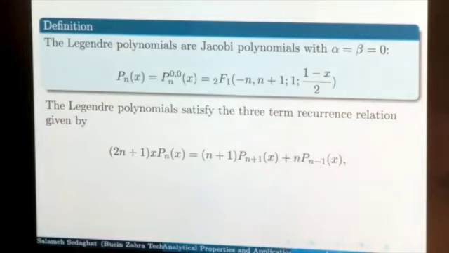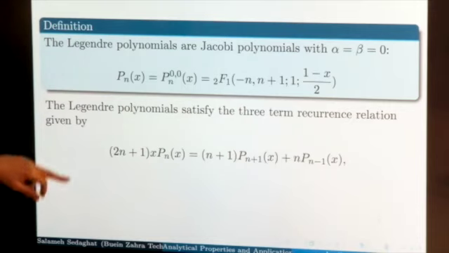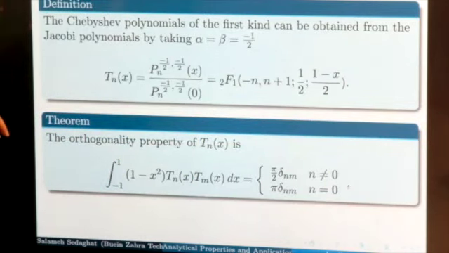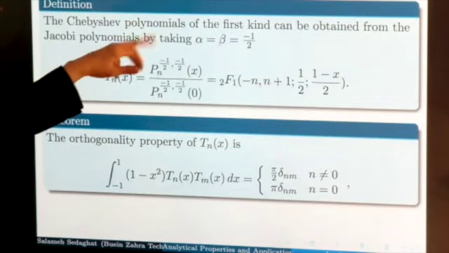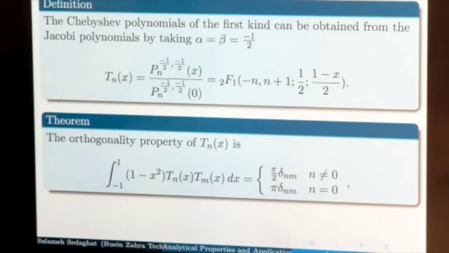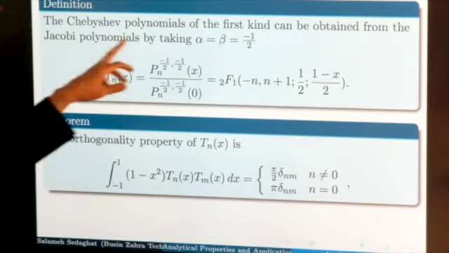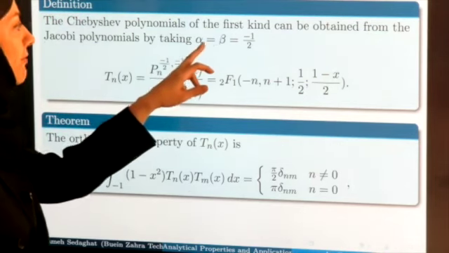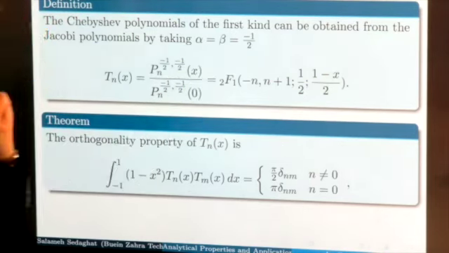Okay, here I want to show two special Jacobi polynomials, Legendre polynomial and Chebyshev polynomial. First, I want to talk about Chebyshev polynomial and then about Legendre polynomial. The Chebyshev polynomials of the first kind, because we have some kinds of Chebyshev polynomial, first kind, second kind, and others, can be obtained by using Jacobi polynomials when alpha equals beta equals minus one half.